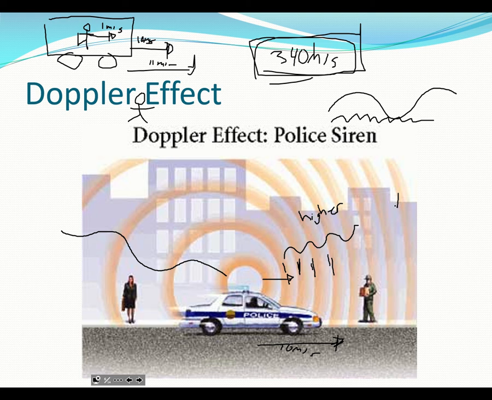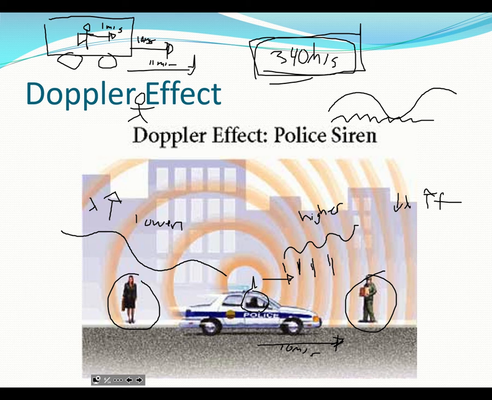When we decrease the wavelength, we increase the frequency, and then these bigger wavelengths, it's going to decrease the frequency, so this is a lower note. So that's why when the car is coming towards you, it gets higher, then it gets lower as it passes. So this person hears a higher note, this person hears a lower note, and they don't agree on what the note is. And the person inside of the car hears the actual note, so none of these three people agree on the note that's playing.